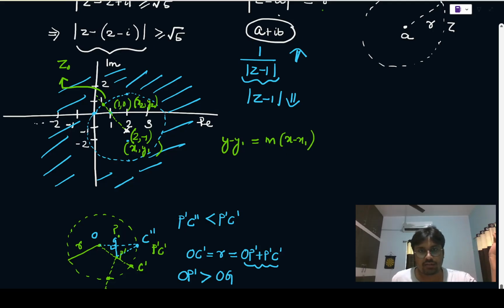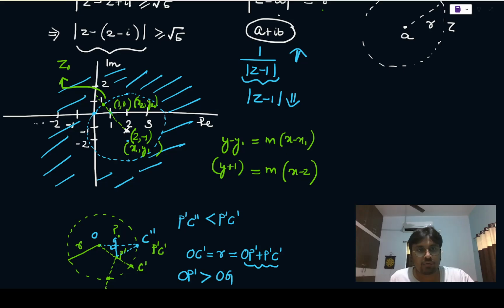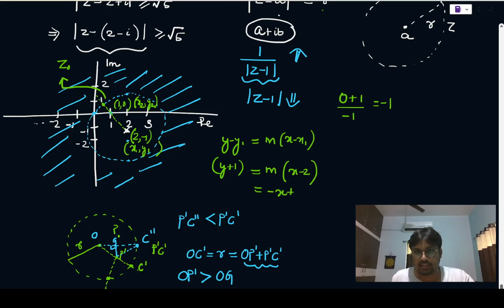So y1 is minus 1, so y plus 1 is m times x minus 2. M is basically the slope, so slope is y2 minus y1 divided by x2 minus x1, which will come out to be 0 plus 1 divided by 1 minus 2, so this is minus 1. So this is minus x plus 2, taking the negatives. So on rearranging, we have x plus y equals 1 is the right equation.